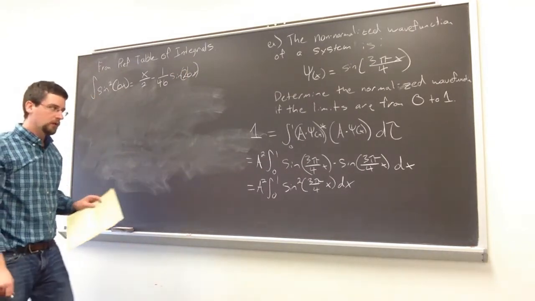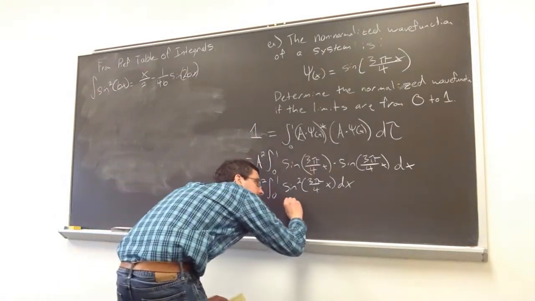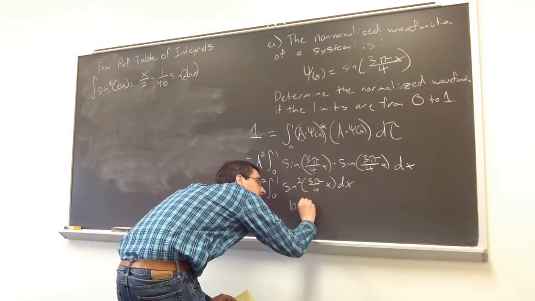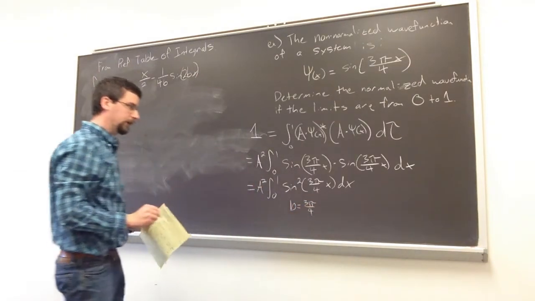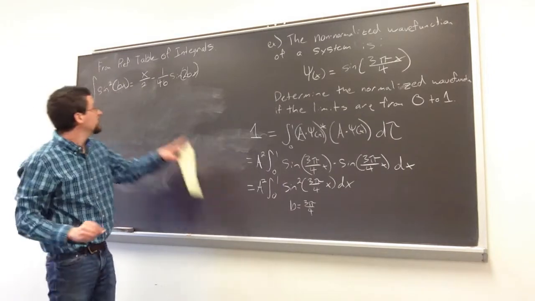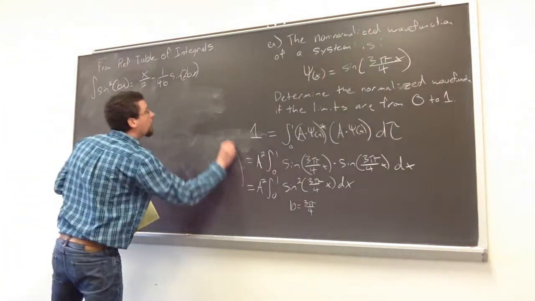Okay, so if we look back at our original function, it follows the same form. We know what b is in this case. b is going to be equal to 3 pi over 4.